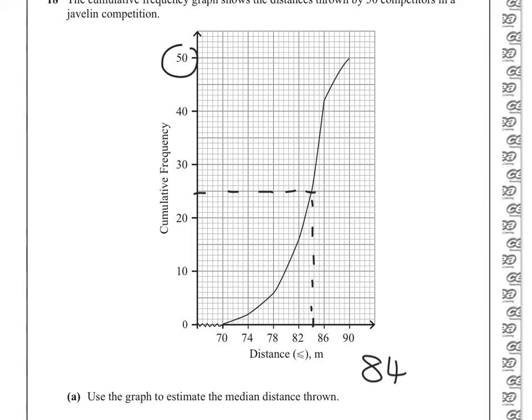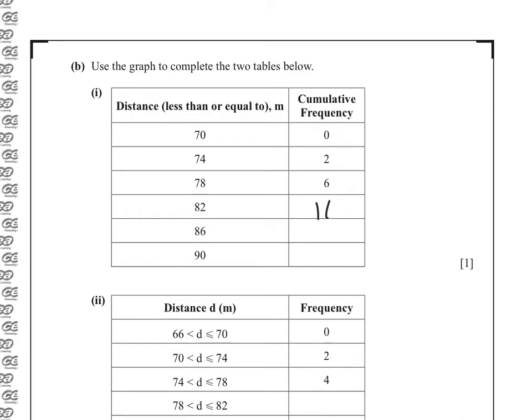To complete the table, we need to get some readings then. So at 82, we're reading across and we get 16. At 86, we are reading across and we get 42. 90, which is at the end, we've got 50. So from my graph, we had 16, 42, and 50.